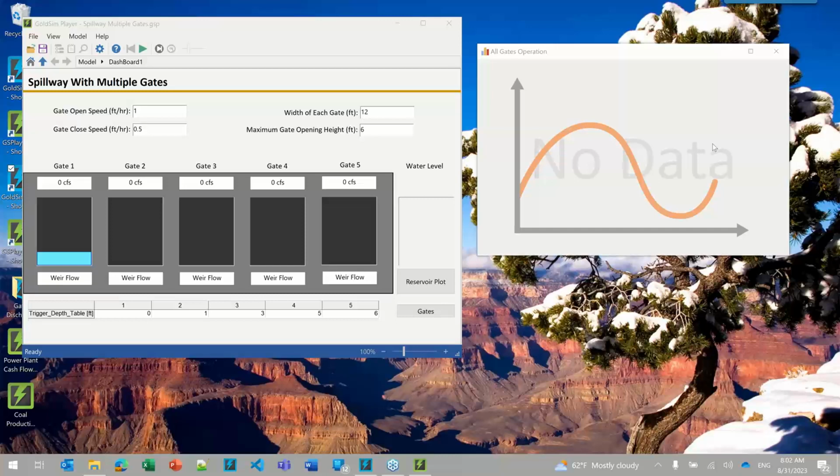conceptual models, mostly with the one-day time steps is what we'll be looking at.